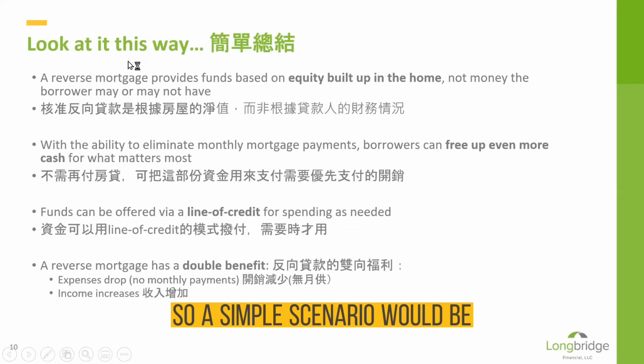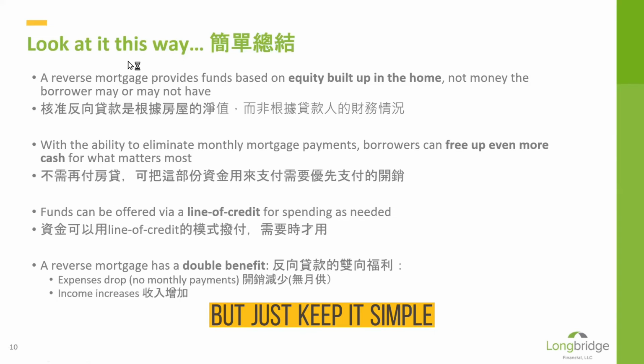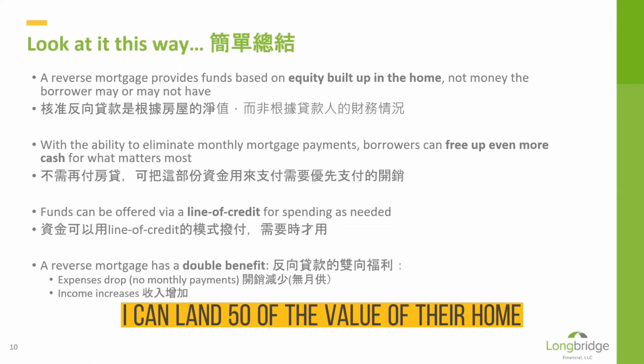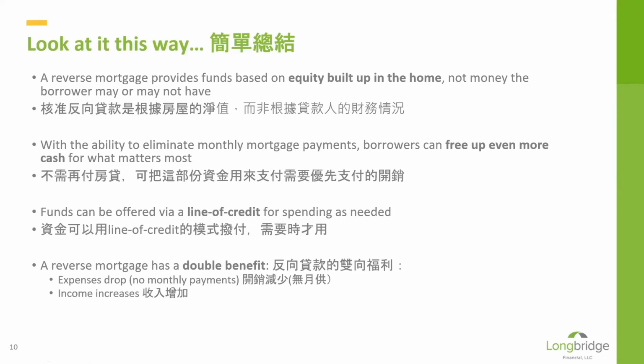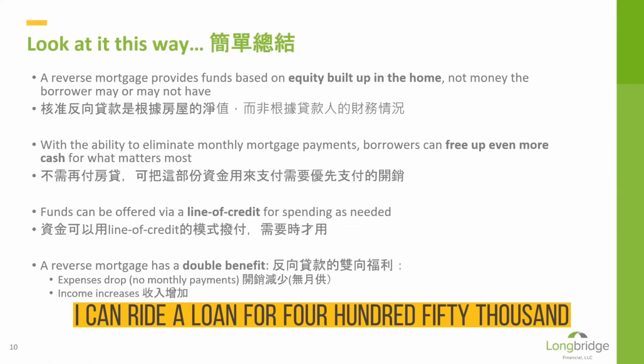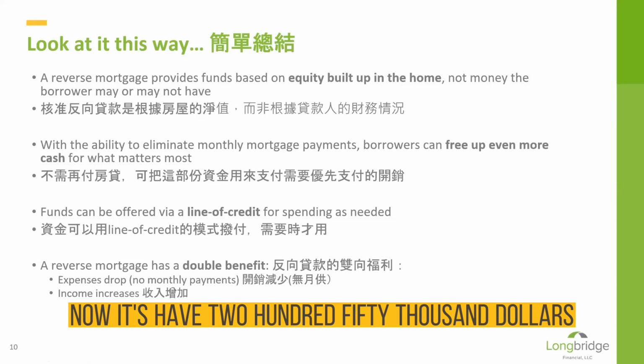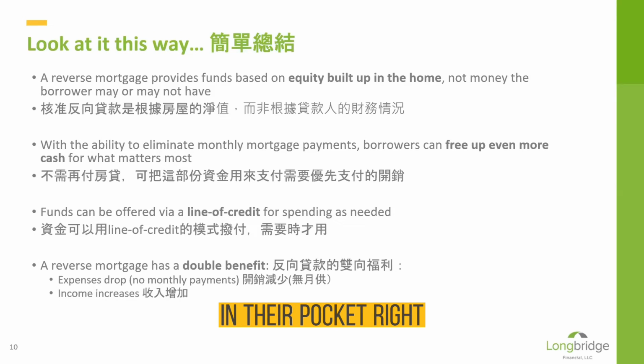A simple scenario, not completely accurate: I can lend 50% of the value of their home. Say the home is worth $900,000. I can write a loan for $450,000. The borrower owes $200,000. We pay out that $200,000, and the borrower now has $250,000 in their pocket.